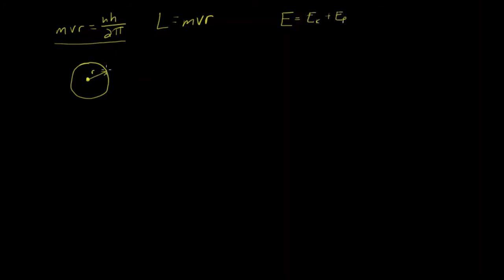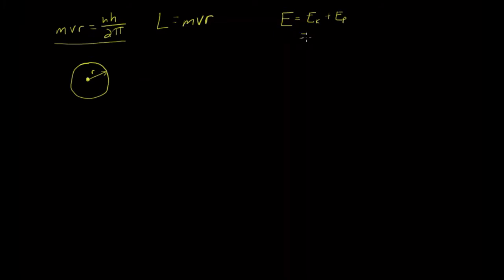There's kinetic energy of it going around, based on its velocity. And then there's the potential. The coulombic forces on this electron are trying to draw it in, and the kinetic forces are trying to keep it out. So where those two things are equal, we add them up to find out the total energy.